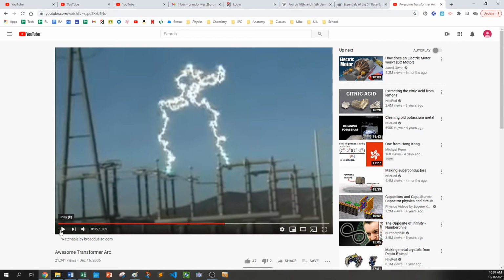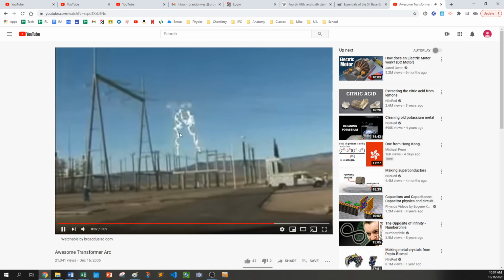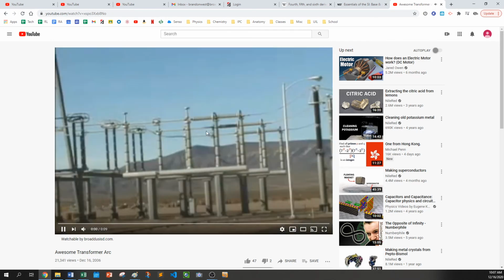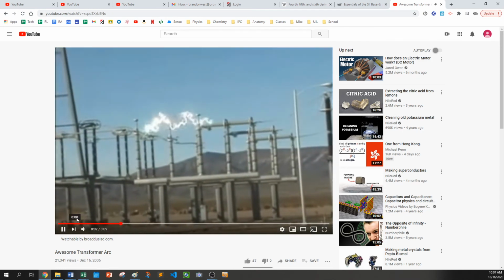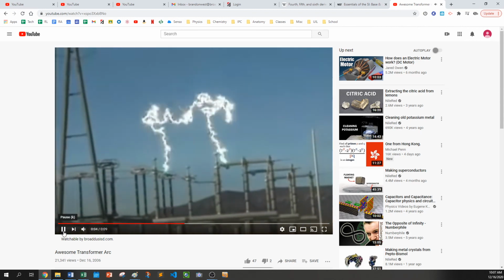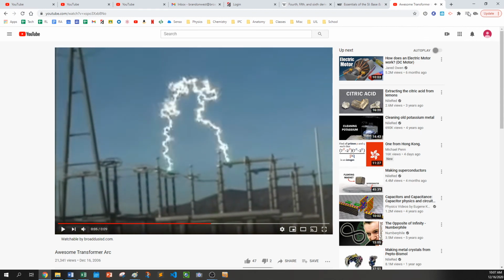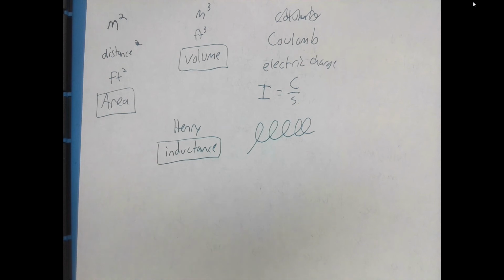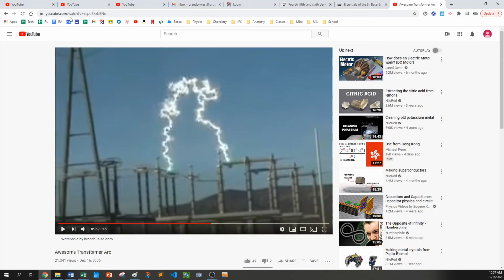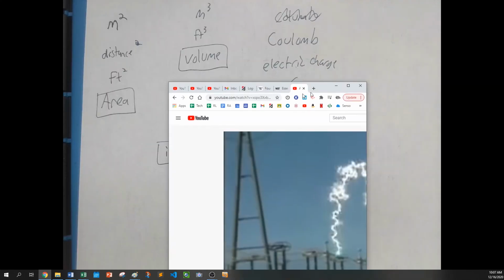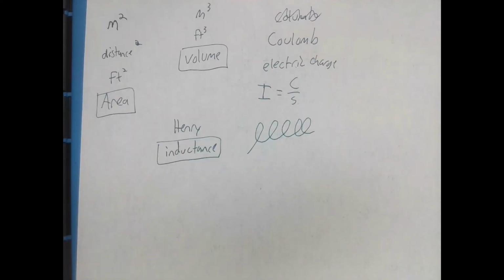So anytime they trip the breaker, current is going to resist changing. That right there is so much current that you could kill anyone remotely close to it.